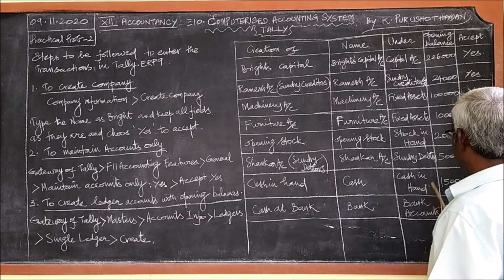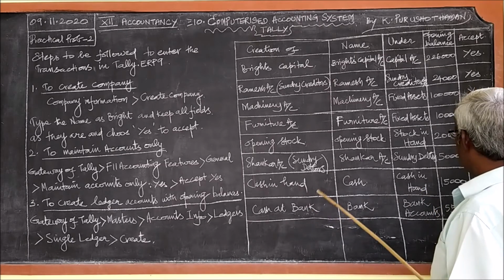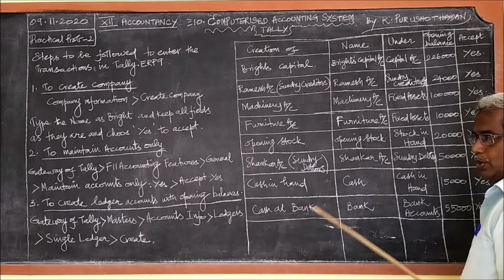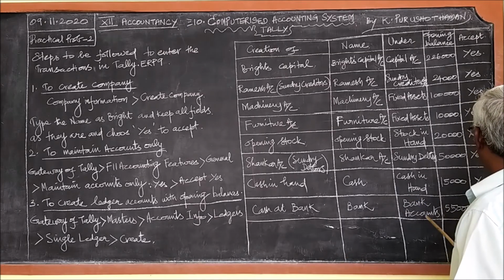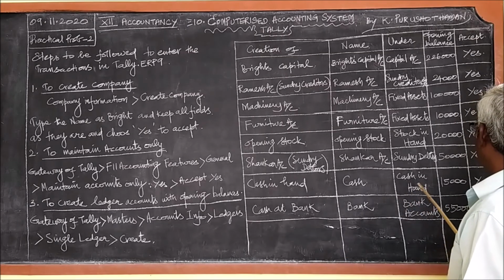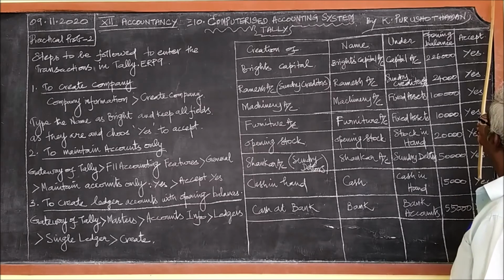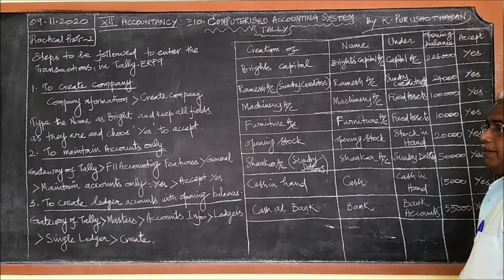This should be written as cash in hand, and this should be cash at bank account, but generally they have given bank accounts. We can say cash at bank only, but here they have created the heading as bank account. The amount given is 55,000. Then the process is over, therefore give yes to accept.